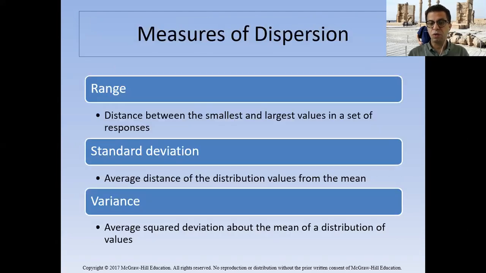Then you have something called range, which the video also indicated. It's the distance between the smallest and the largest value in the set of responses. So you need to know, for example, people who make $100,000, how old are they?